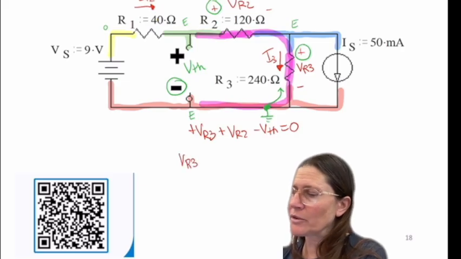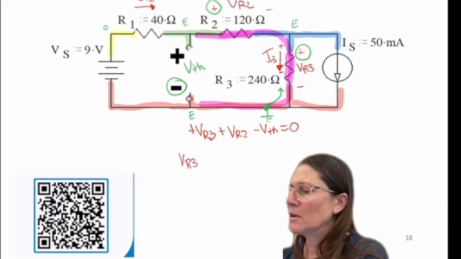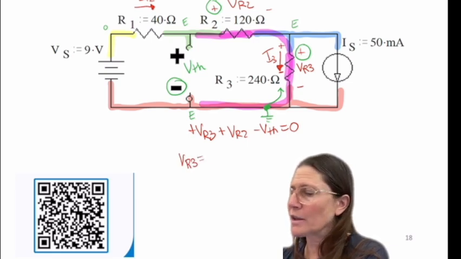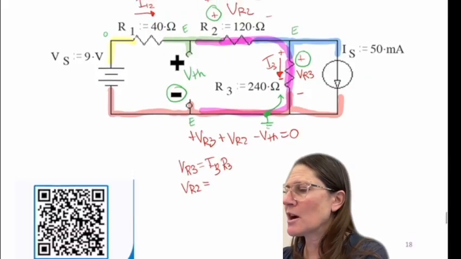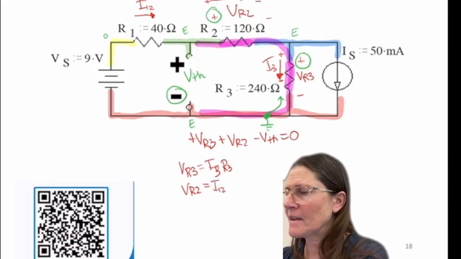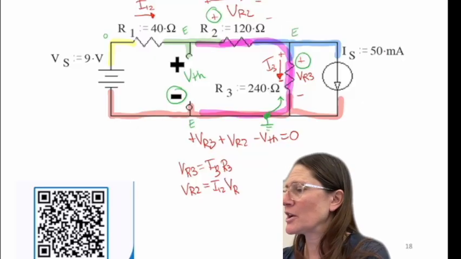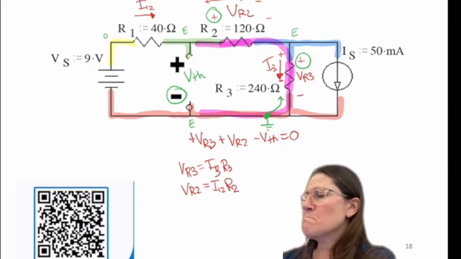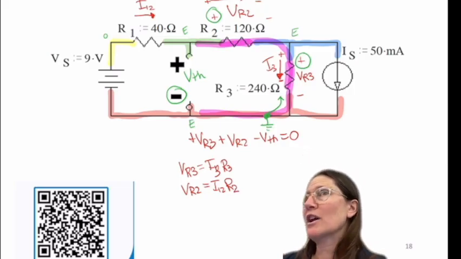With labeling those, I can say these are the same polarity. So VR3 is I3 R3, and then VR2 is going to be I12 R2.